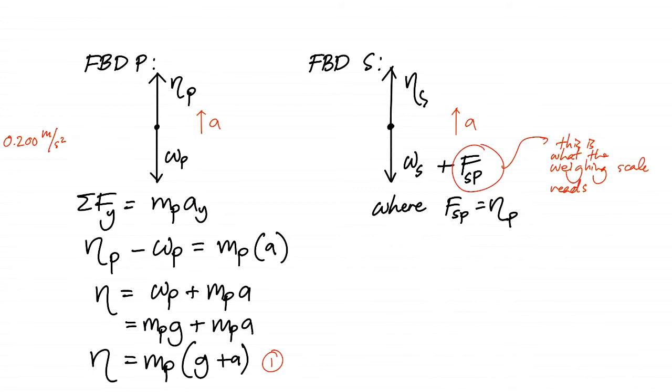Okay? So, from equation 1, we have FSP. Our normal force is actually equal to M_P times (G plus A). Yan yung value nung force that we are trying to read, that the weighing scale is trying to read.